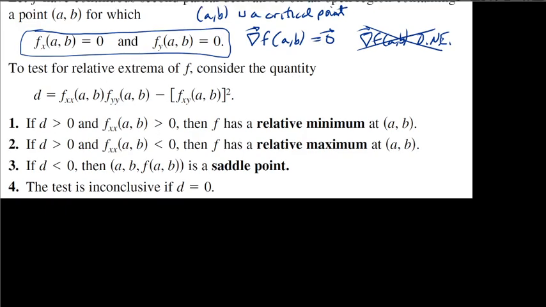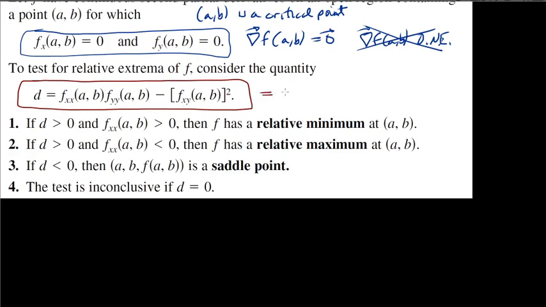Here is where it gets a little complicated. You cannot just take the second derivative and figure out whether it's positive or negative. You have to look at this number here. This is what they call D. D is just going to be a number, and it's this combination of partial derivatives.